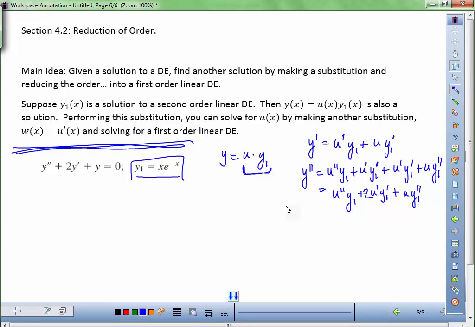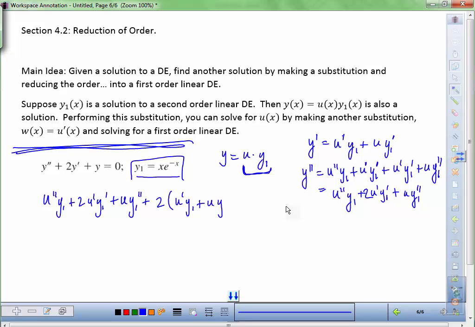So we got u double prime y1 plus 2 u prime y1 prime plus u y1 double prime, plus 2 times u prime y1 plus u y1 prime, plus u times y1 is equal to 0.